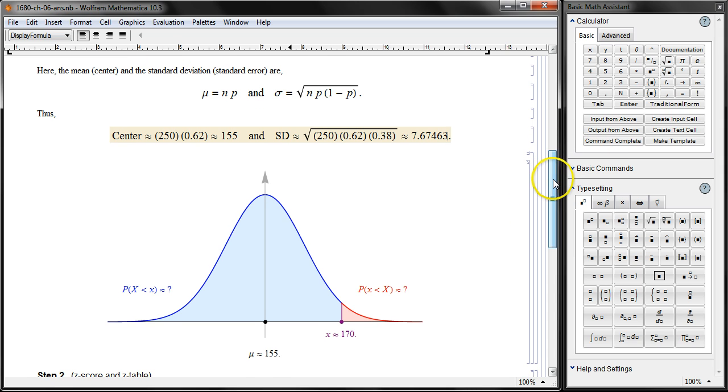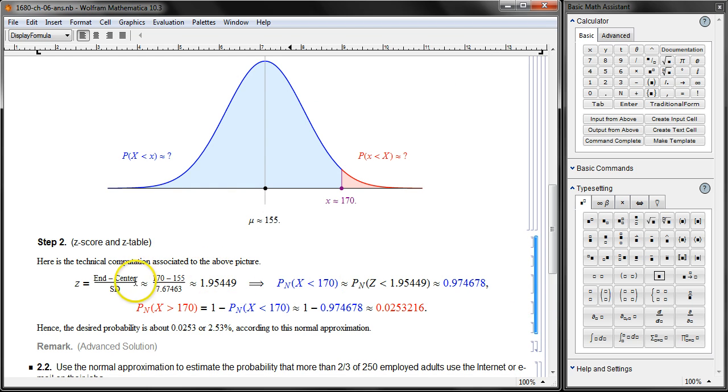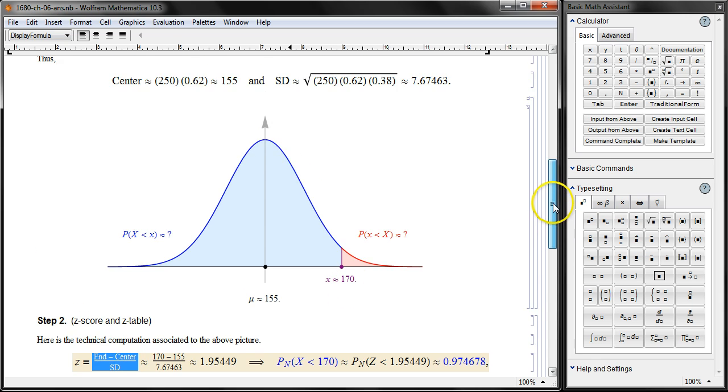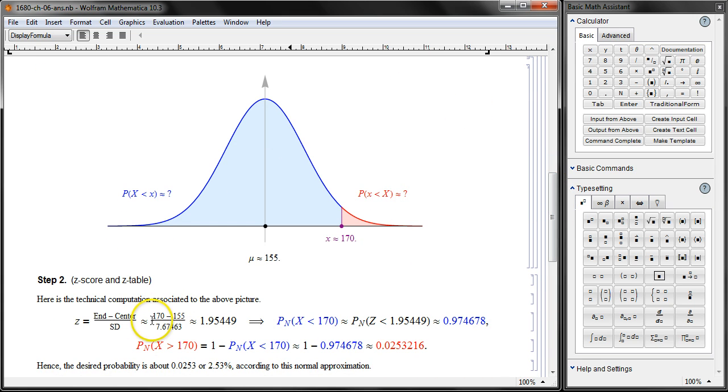Alright, we have the normal picture. Center and standard deviation, we are ready. Apply the z-score. End minus center over SD. End is 170, center is 155. Standard deviation we calculated is 7.67 something. So here's the computation, and you get 1.95 approximately speaking.